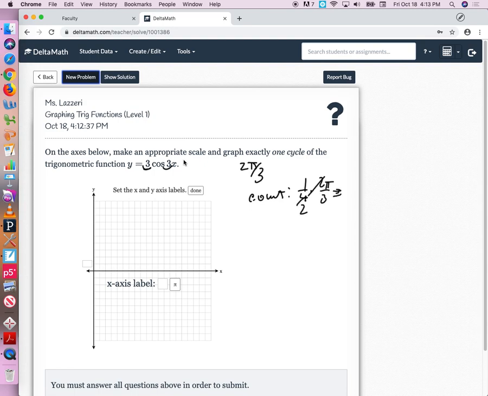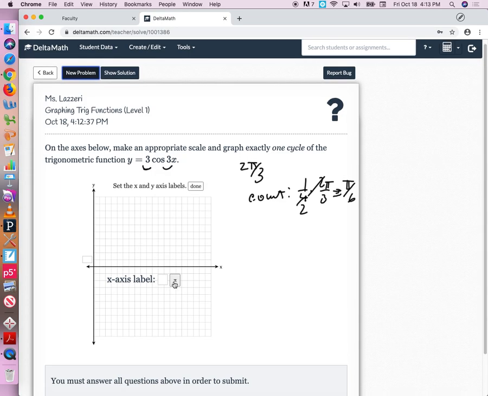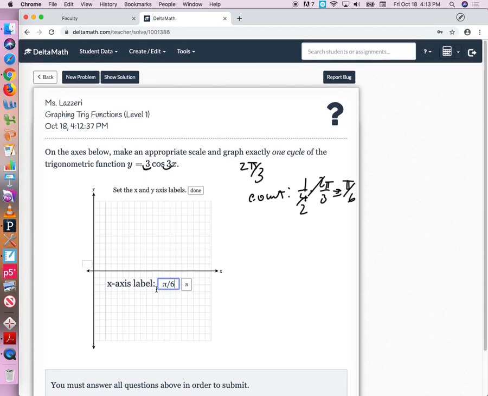So I'm going to count by pi over 6's. So I want to label the x-axis by pi over 6. Now remember, this is kind of tricky, so I need to make sure I do that right. And then I'm going to label the y-axis by 1's.